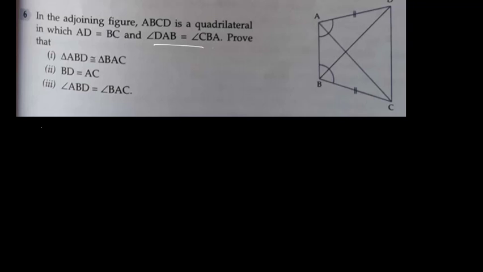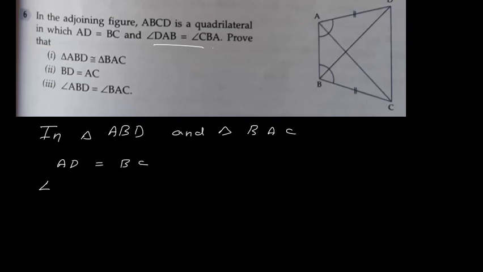Now you pause the video, try yourself, and then see the solution. So in triangle ABD and triangle BAC, it is given that AD is equal to BC.